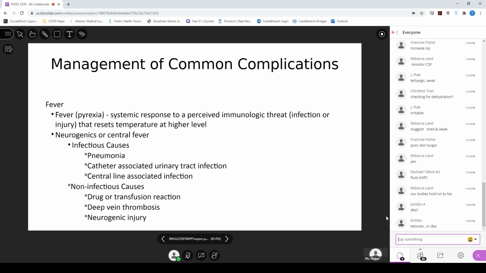What can this fever indicate in a patient with a brain injury? We just talked about there's some type of damage to the hypothalamus, but what else? What about hemorrhage?